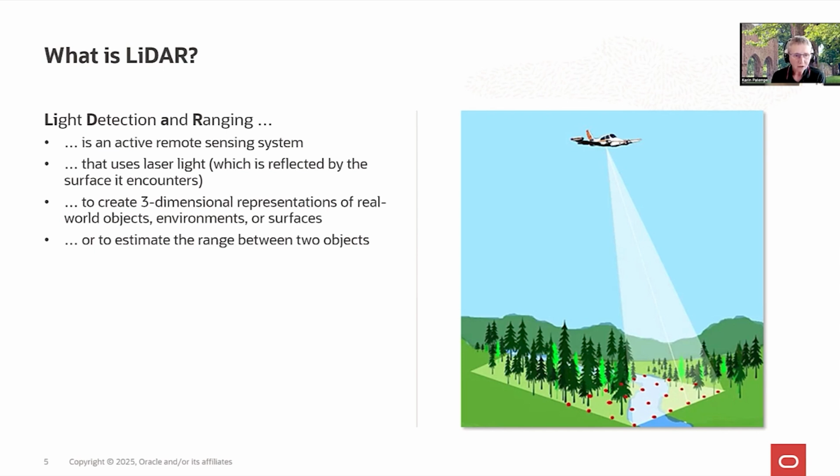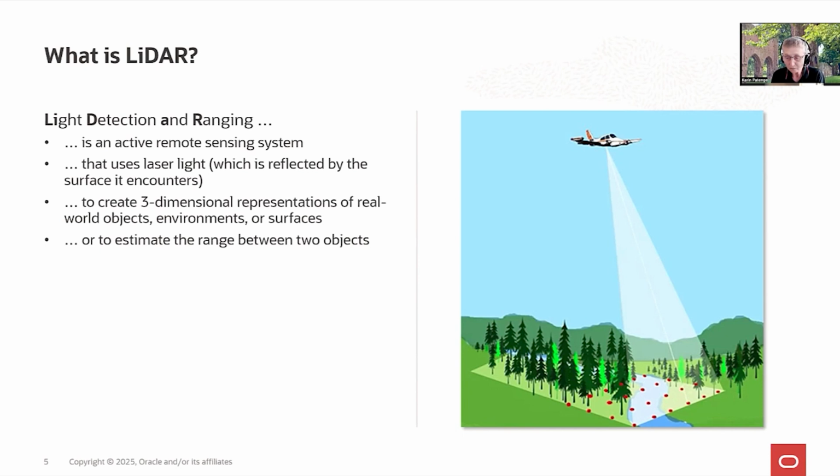LiDAR data are used to create three-dimensional representations of real-world objects. This is due to the nature of how the data is captured and what the data represents. So you can create these representations of your environment in general, of surfaces, of objects. You can also estimate the range or the distance between objects.